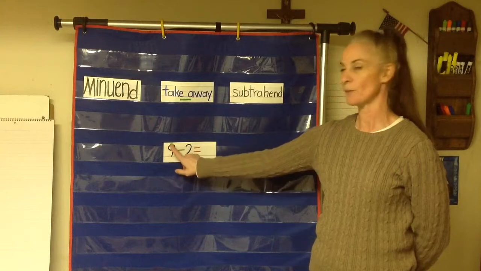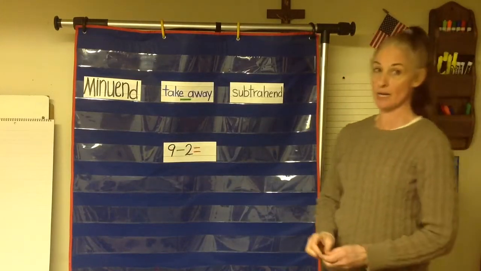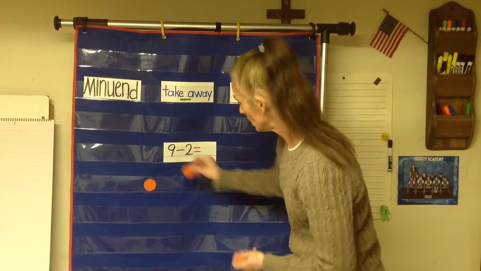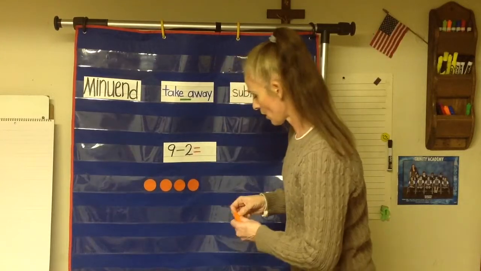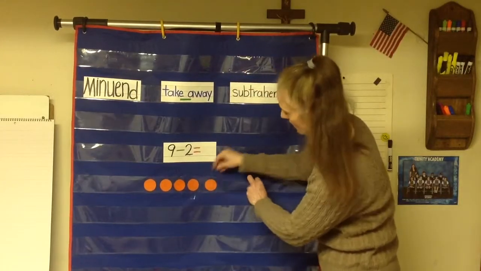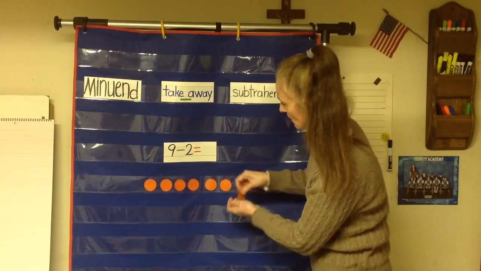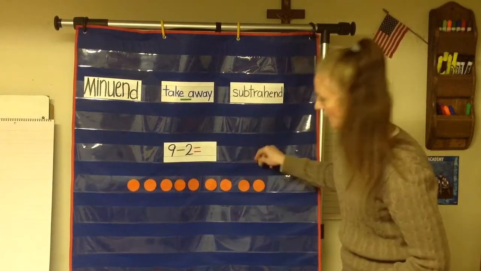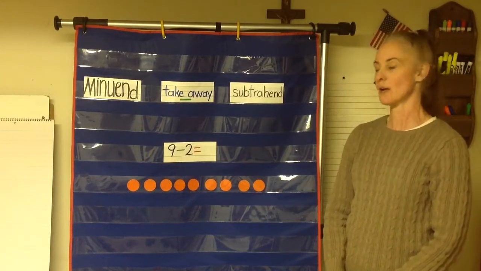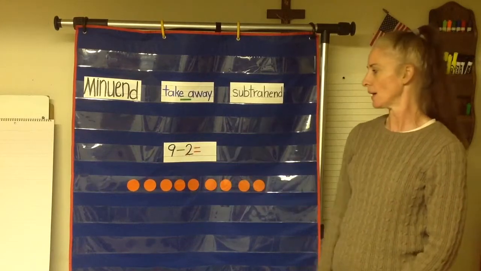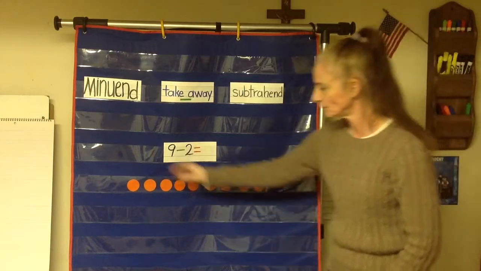So our larger number is first, our minuend is first, and we need 9 to start. 1, 2, 3, 4, 5, 6, 7, 8, 9. So everybody have 9? Okay, what are we going to do with that 9? Right, go away, take away, minus. How many are we minusing? 2. Let's take away 2.